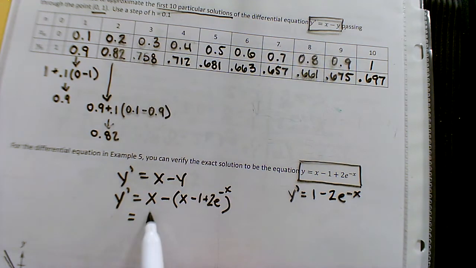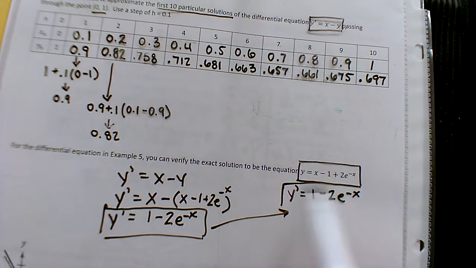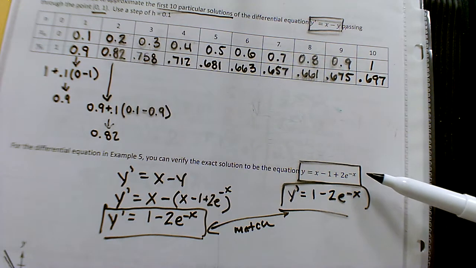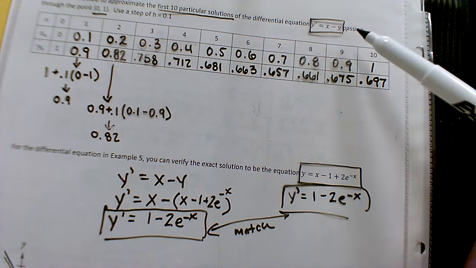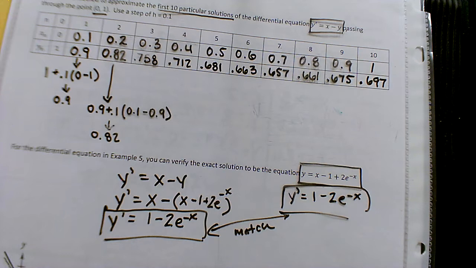Then we would have a plus 1, and then a minus 2e to the negative x. And now, don't they match? So even though we can't figure out this one by hand, we could at least confirm that this is the solution to this differential equation, because if we check their derivatives, they match.